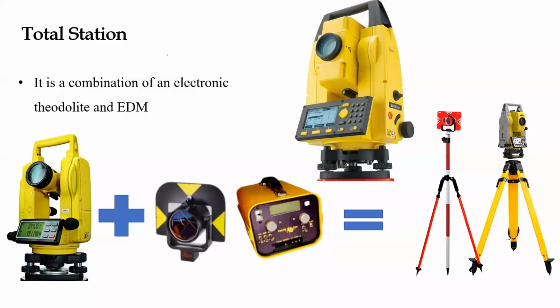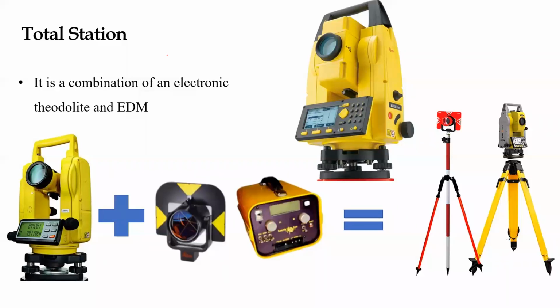Some total stations may use visible light waves. Some total stations may use infrared waves. So it is very difficult to say, but mostly it uses infrared waves. All right, it uses infrared waves.